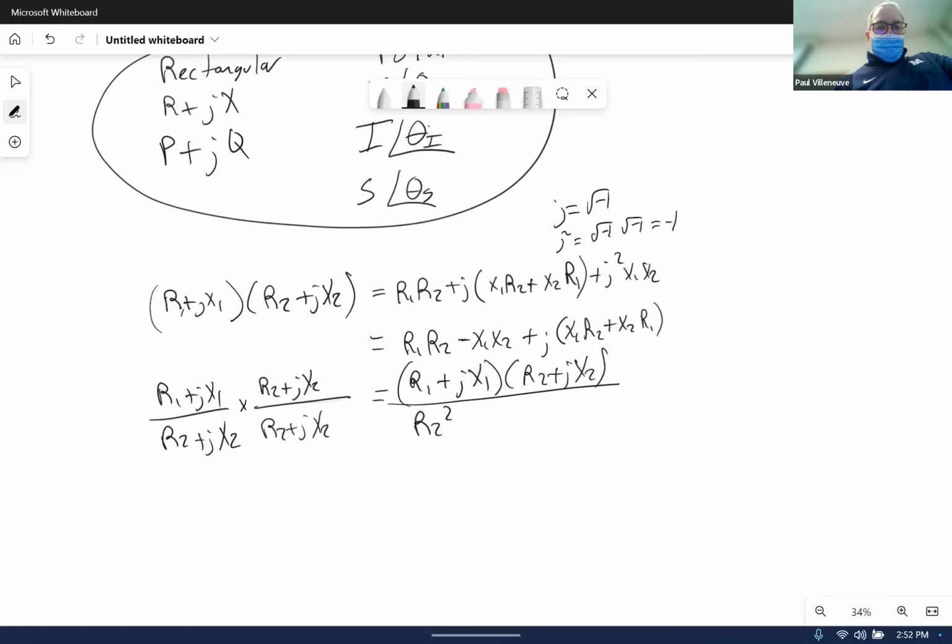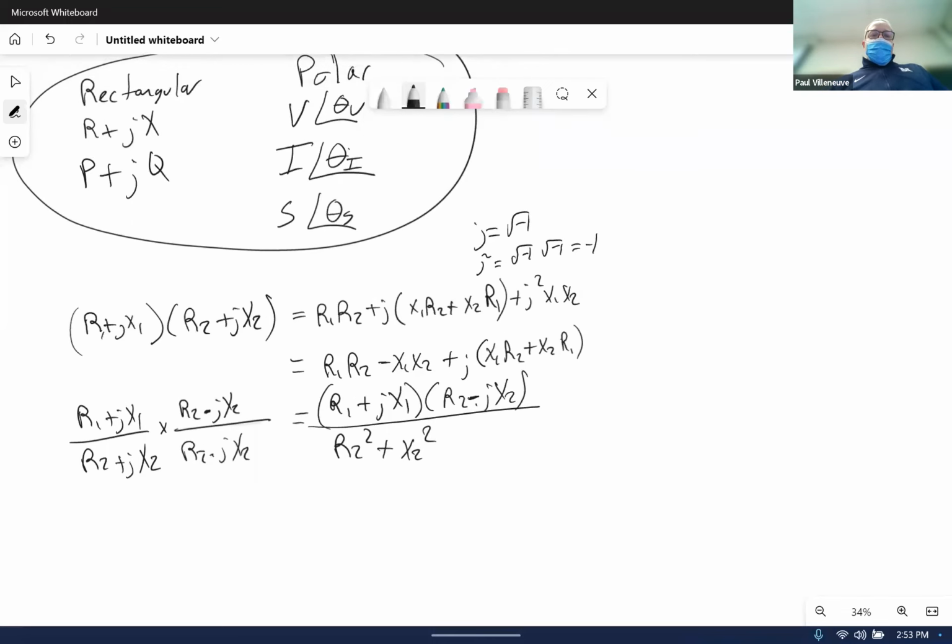This has to be a negative number. So now when I have a complex number in the denominator, it's gone, right? So now you just do regular foiling and then you multiply by that.